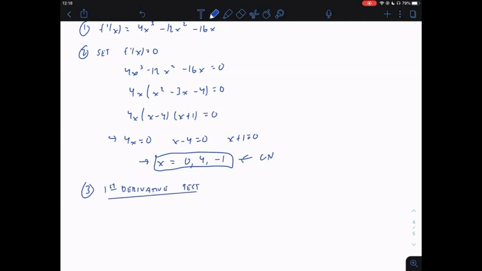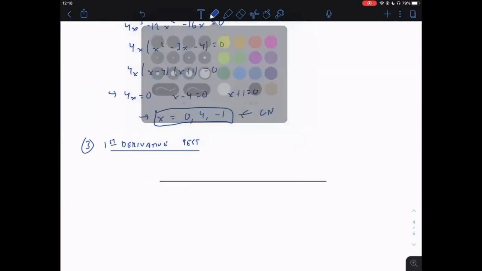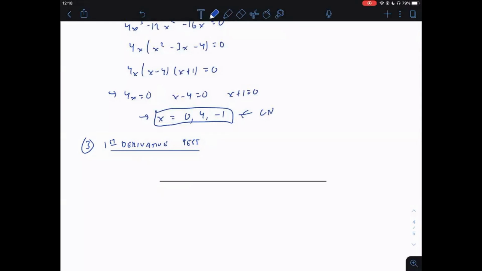For this first derivative test, let's first draw a number line and draw our 3 critical numbers first. Okay, so let me draw a number line, a bit longer. So we have 3 points now, our 3 critical numbers in ascending order: negative 1, 0, and then 4.